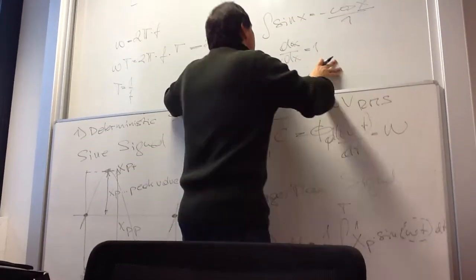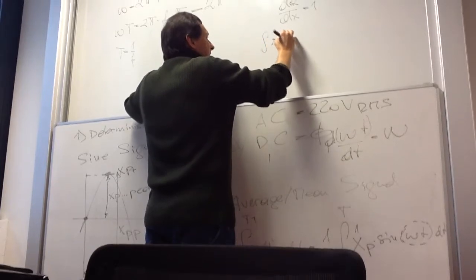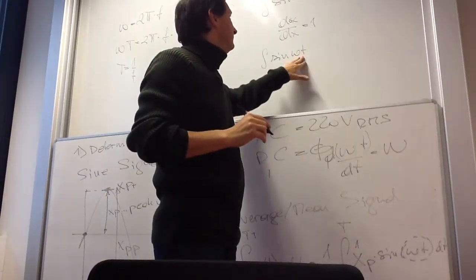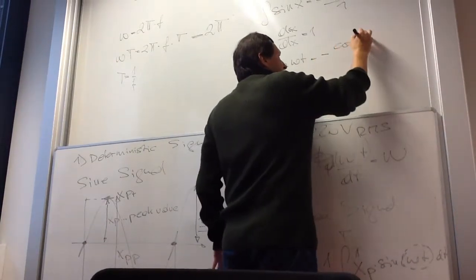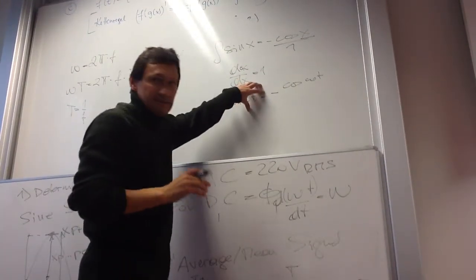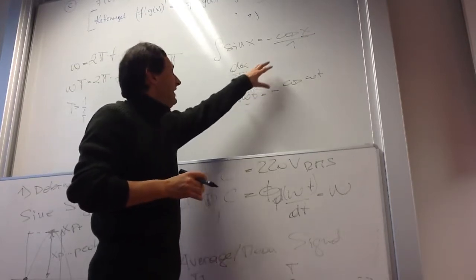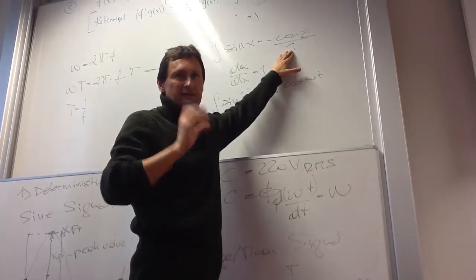But now we got an integral of sine omega t. This is the same: it's minus cosine omega t, because we are treating this as a unity. But then we have to divide by the derivative of this unity.